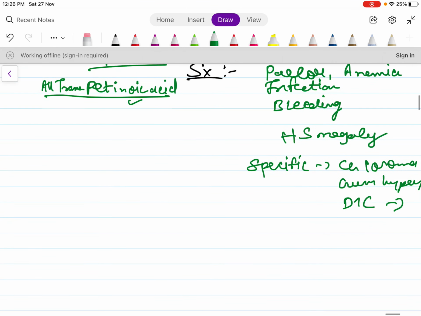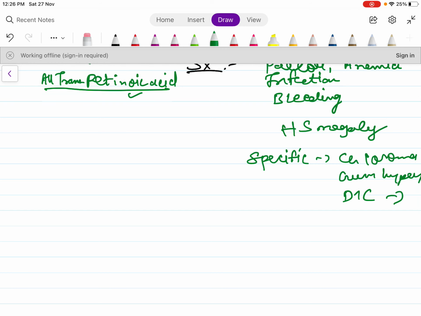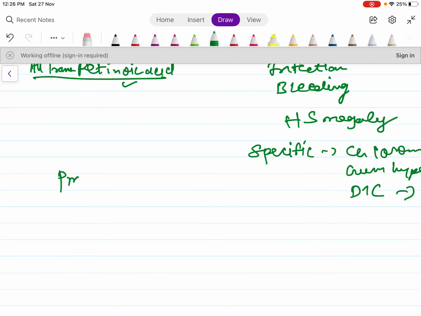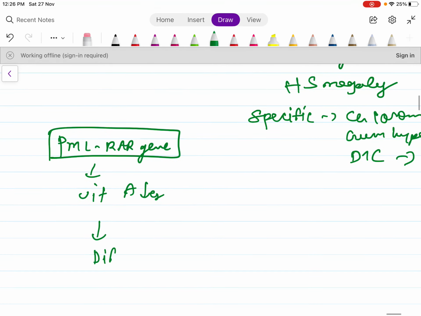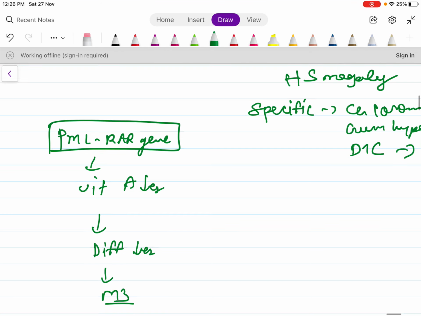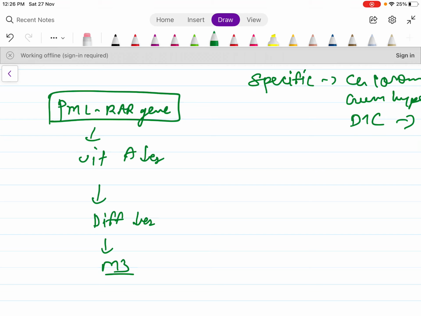What is the pathology behind this? In this there is a PML-RAR gene affected. So this will cause decreased vitamin A activity. Because of this, differentiation of the cell will be affected, and the cell will be stuck in M3 stage. So the cell will not be able to mature, and this will get converted into cancer.